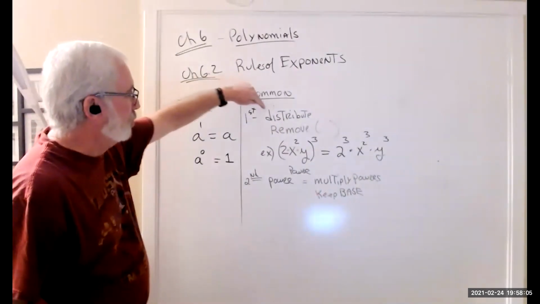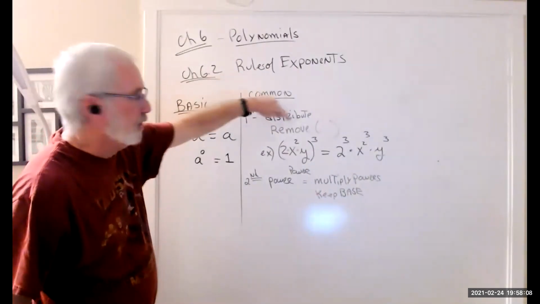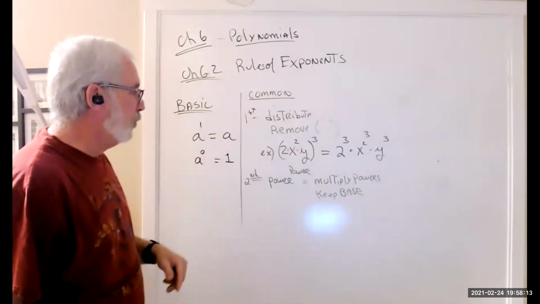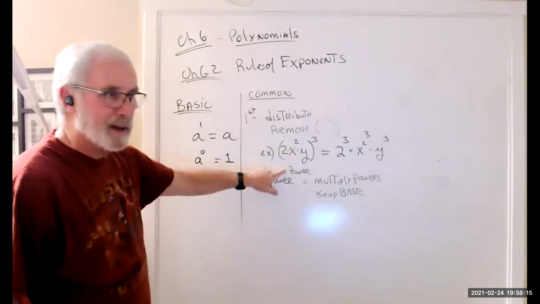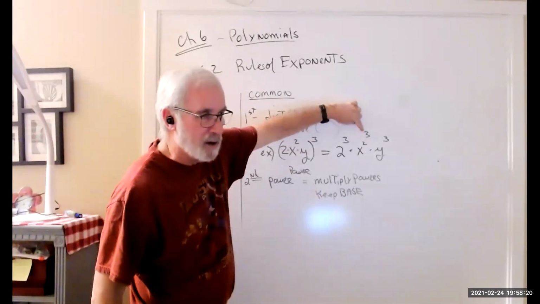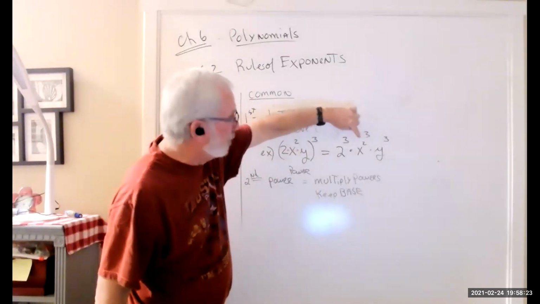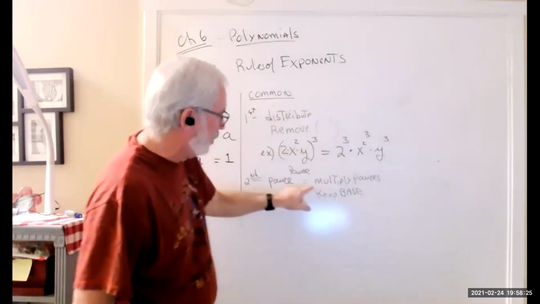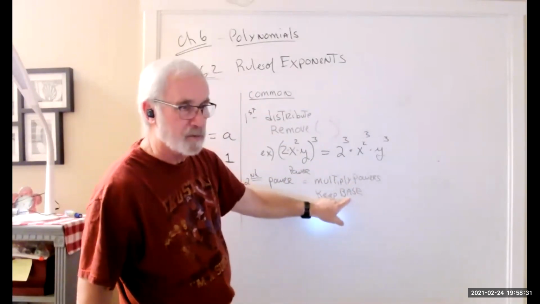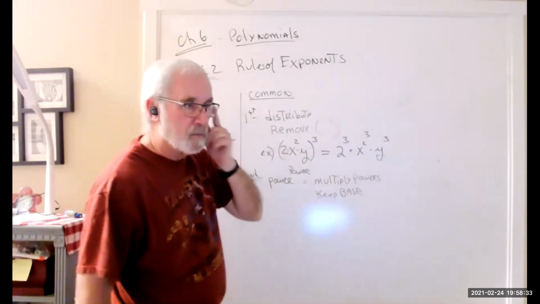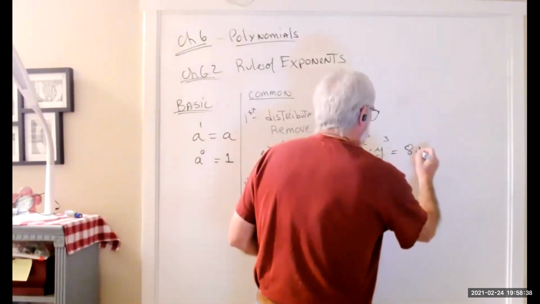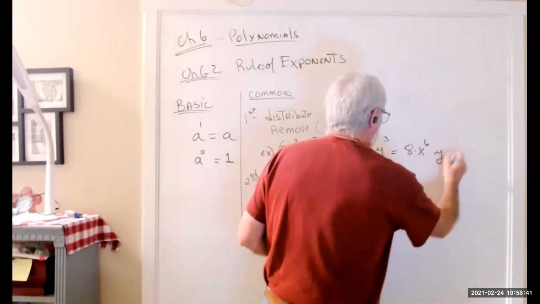So first thing, you look for parentheses and you get rid of them if you can by distributing. Second thing, you look for a power raised to a power. Like this is a power raised to a power. And when you see that, a power raised to a power, you multiply the powers, but you keep the base number. So I'm going to do two things. First off, this is 8 times x to the 6 times y to the third.